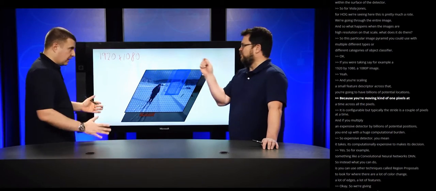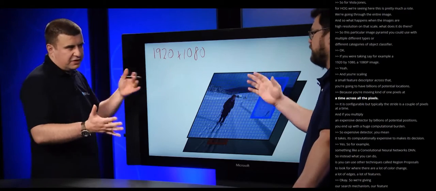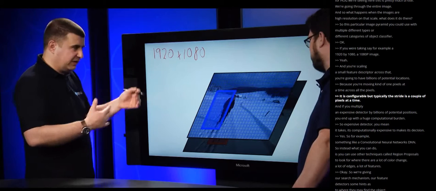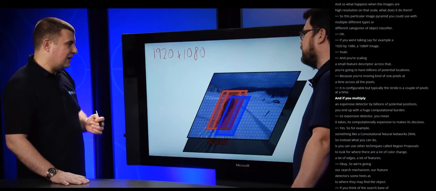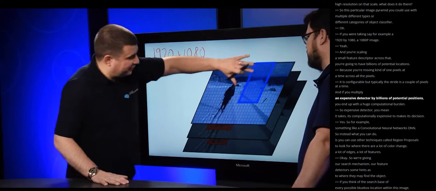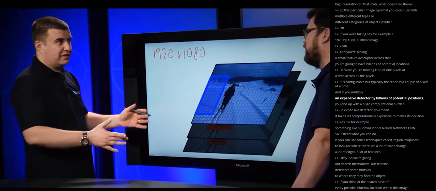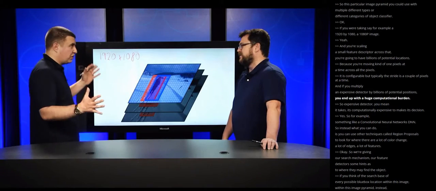Because you're moving one pixel at a time across and down. Your stride is configurable, but typically a couple of pixels at a time. And if you multiply an expensive detector by billions of potential positions, you end up with a huge computational burden.